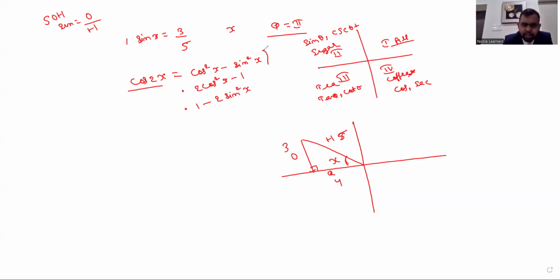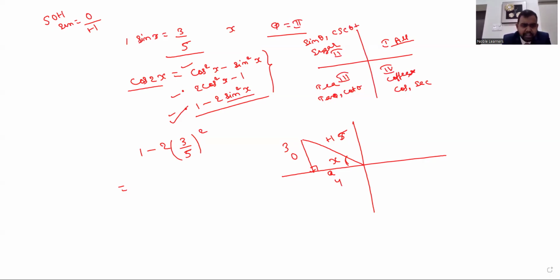Over here, the value of sine is already given, so if I use the third formula, there is no need to find cosine. So I'm using 1 minus 2 sine square x. The value of sine is 3 upon 5, and you just need to put a square, and then solve.